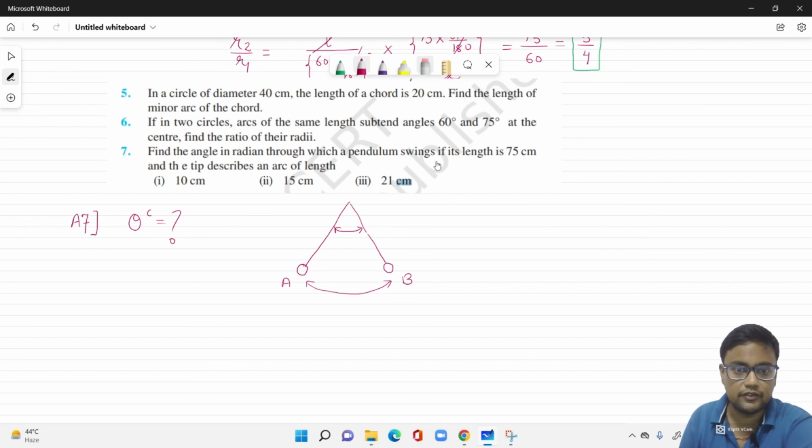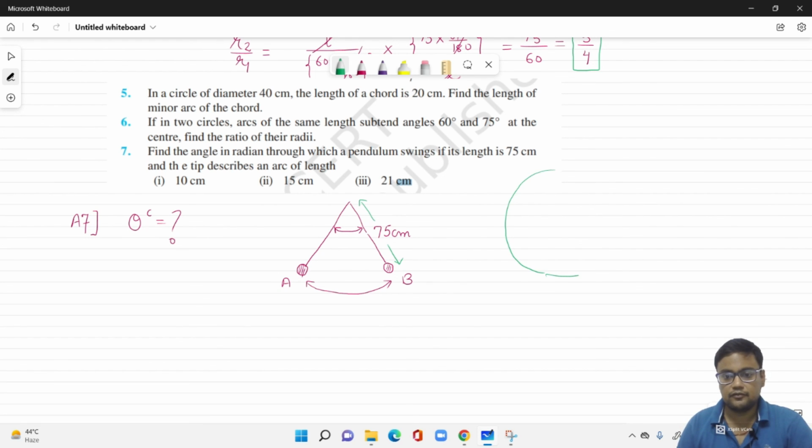So see, pendulum की जो length है, this is the bob of the pendulum, इसके बारे में बात नहीं कर रहे हैं. सो दिस इज़ द लेंथ. Now if I am drawing a circle, see children, just to make you understand कि कैसे काम कर रहा है.